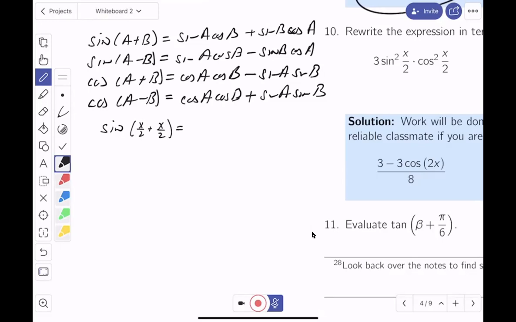What would that give you? Well, that doesn't look too bad, does it? You get sine X over 2 cosine X over 2 plus sine X over 2 cosine X over 2.